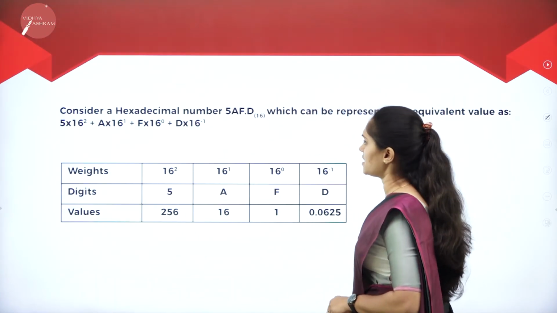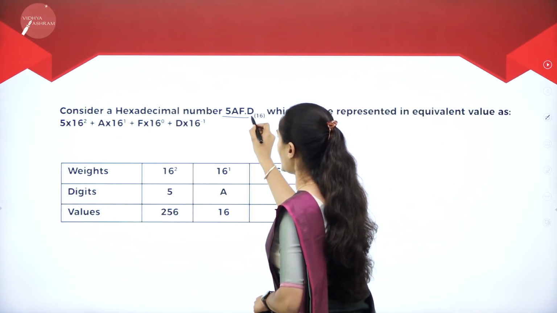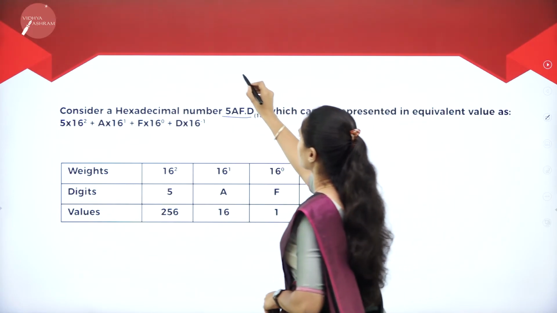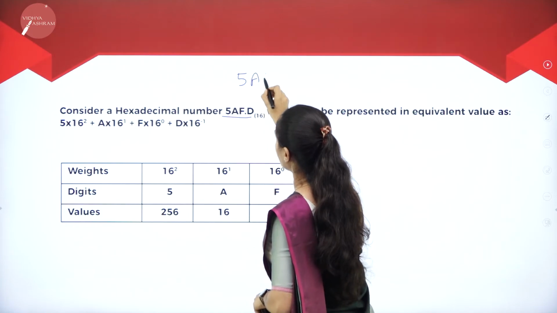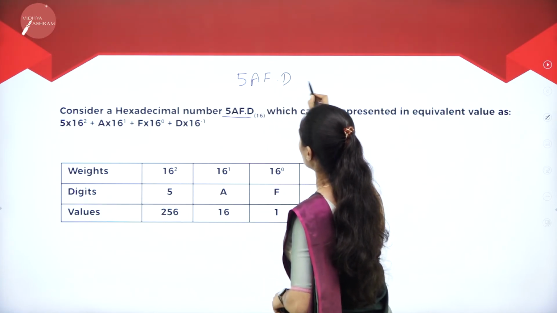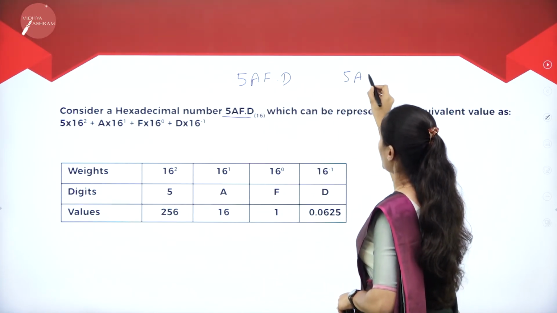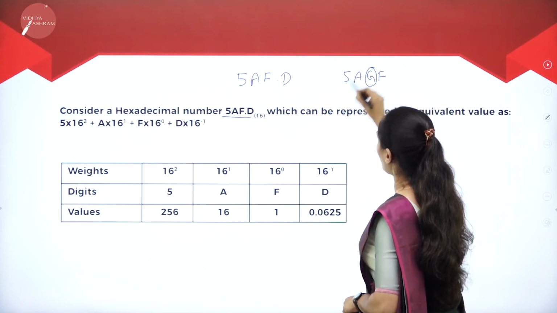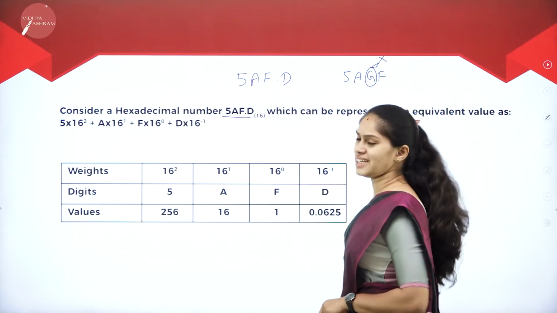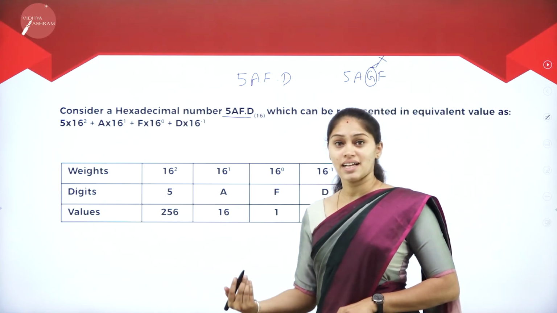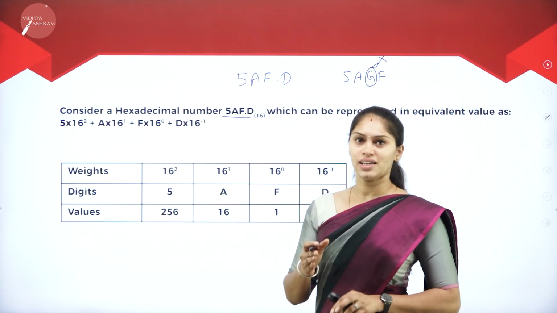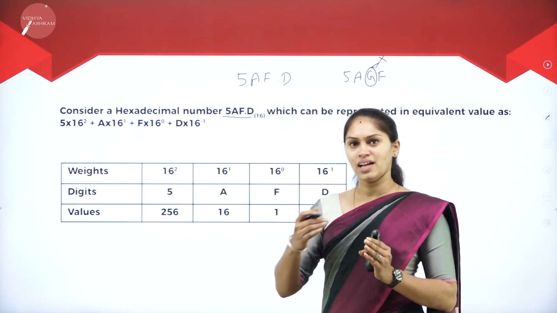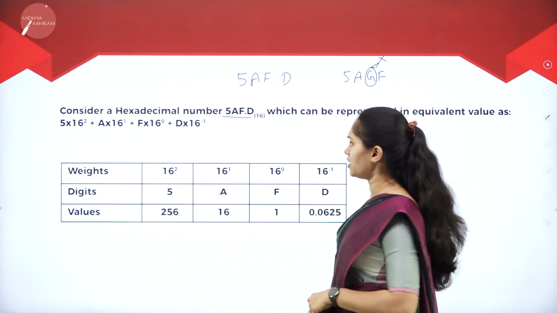Consider a hexadecimal number, 5AF dot D. Can I take it as 5AGF, something like this? No, because G does not belong to the hexadecimal number system. We have to take a number between 0 to 9 and A to F.